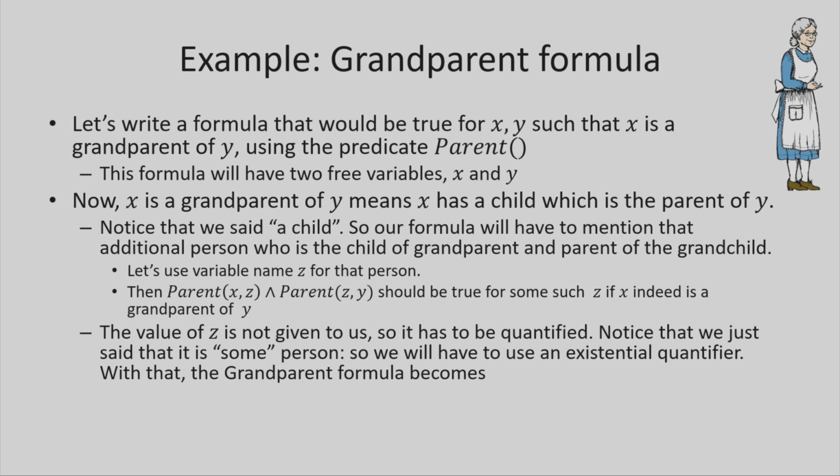Whenever X is a grandparent of Y, such a Z would exist. So now, with this quantifier, the final formula becomes: there exists Z such that X is a parent of Z, and Z is a parent of Y, which means that X is a grandparent of Y. It will be true exactly when such a Z exists.